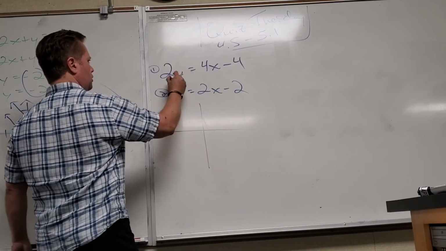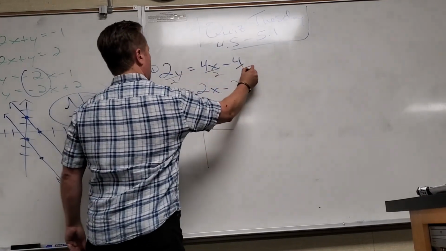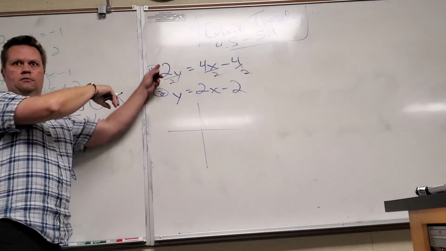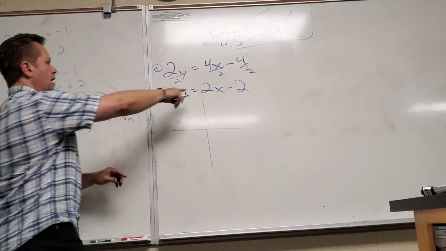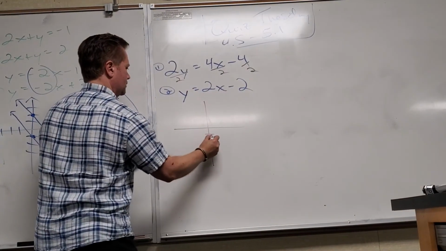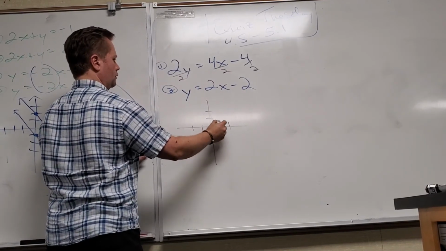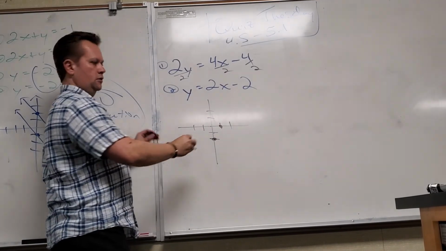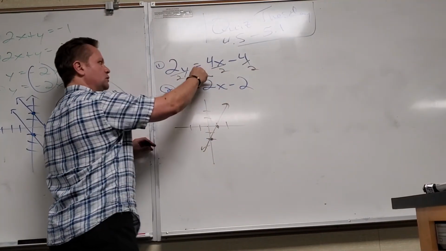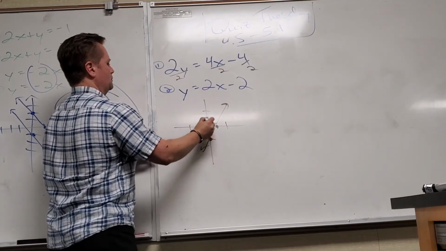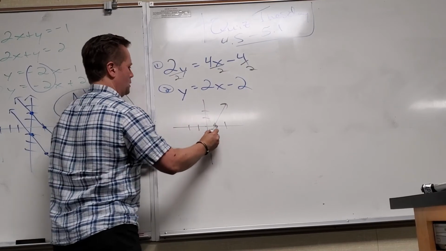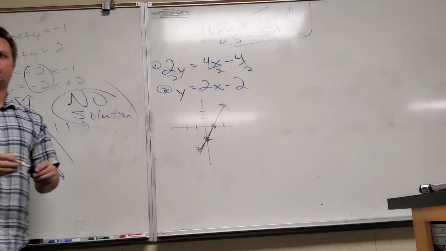So I'm sure you might be noticing that when you divide this by 2, you get the same thing. So if you plot this one, up 2 over 1, is that cool? And then if I plot this one up 2 over 1, now let's see if you get this.